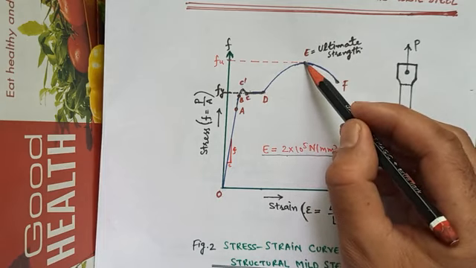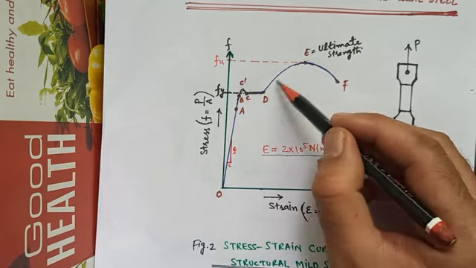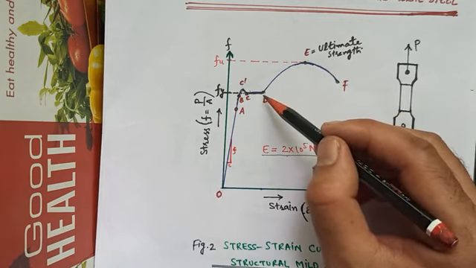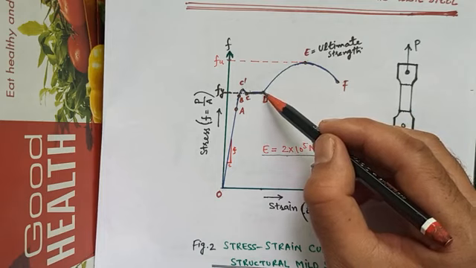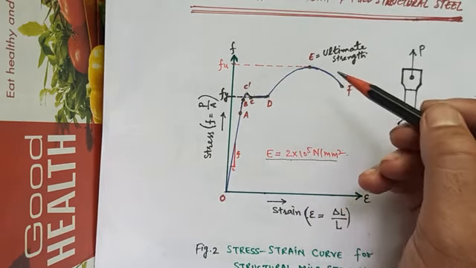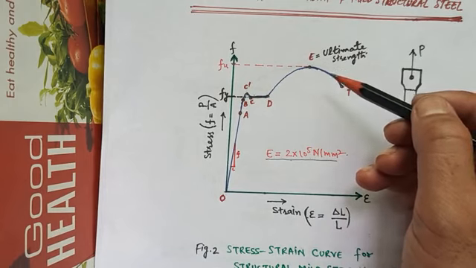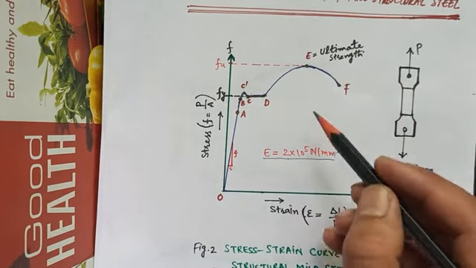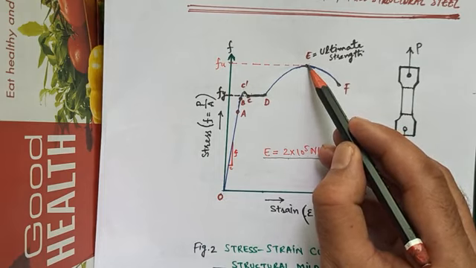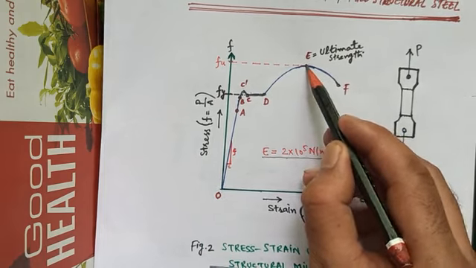The increase in stress and strain in this strain hardening range is probably due to the rearrangement of crystal structure of the steel. The point E represents the ultimate stress, that is the stress corresponding to ultimate load.